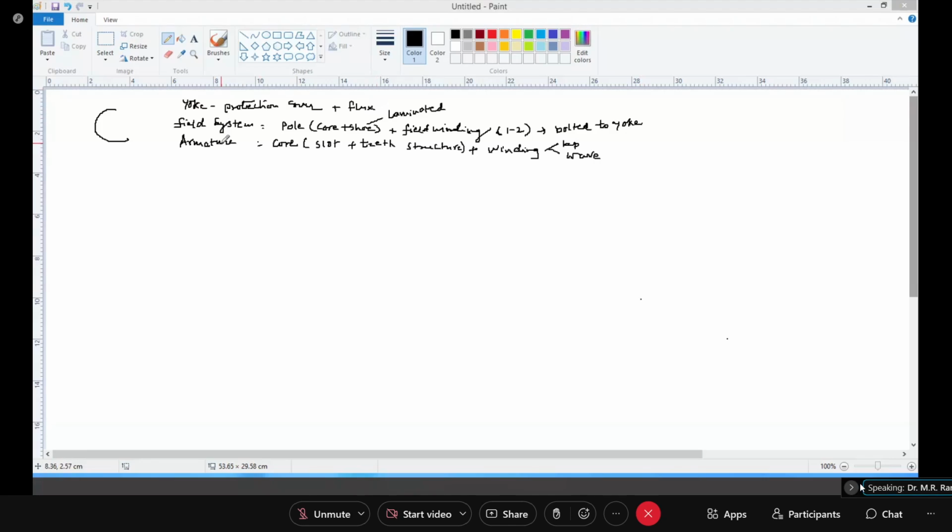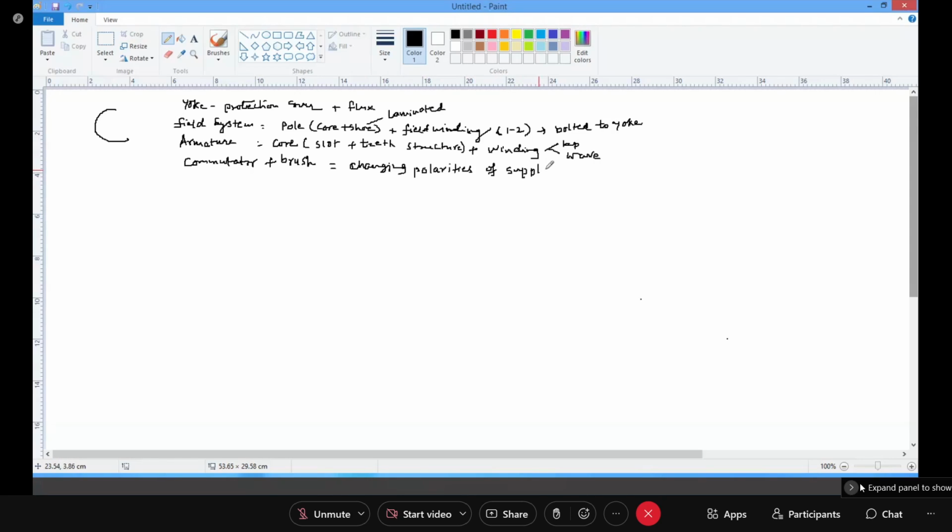Now, also there is a commutator and brush. Commutator and brush are there for changing the polarities of generated or supply EMF.